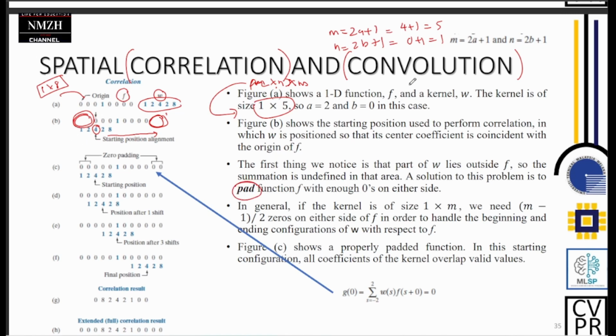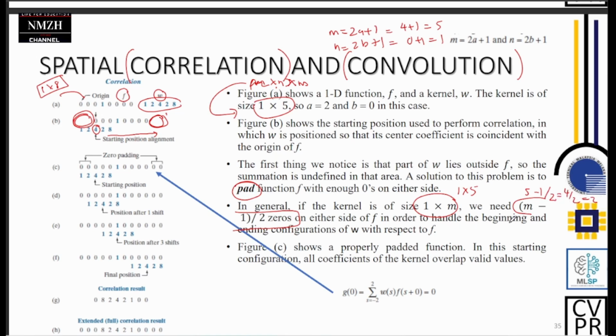So padding is basically the solution for giving a full length of pixels to the kernel. To make things clear, we have this equation to determine how many zeros to put in our original F, alias the image. In this example, we have 1 over 5, so 5 minus 1 over 2 means 4 over 2, so we have 2.